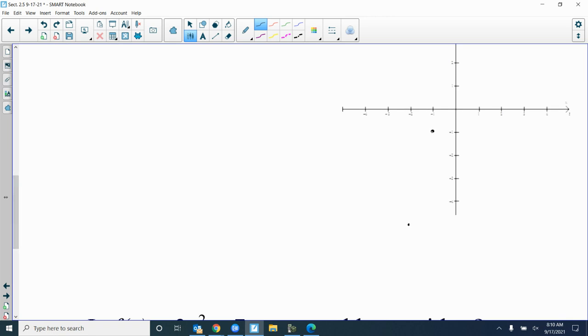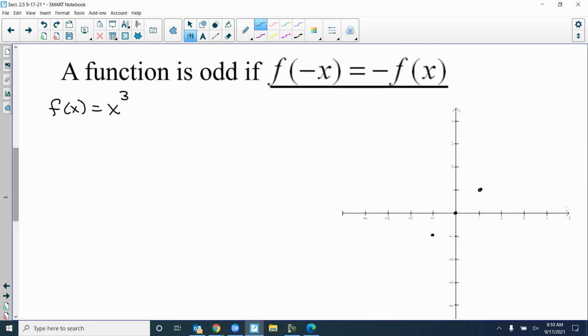At -1, I get -1. At 0, I get 0. At 1, I get 1. And then at 2, I get +8, which will be up here a little bit. But there's your graph for x cubed.